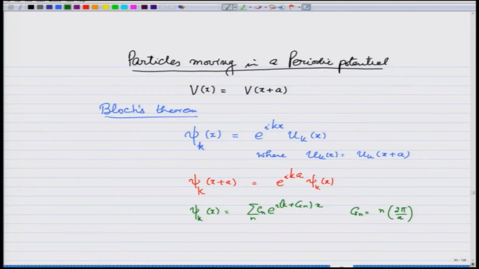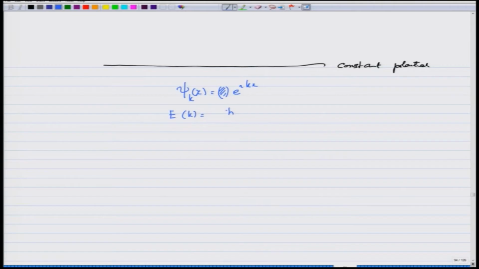I will just tell you first and then show this through examples. Suppose I have a potential which is constant. In this case, the wave function psi k x is e raised to i k x with some normalization, and the energy of the particles E k is given as h cross square k square over 2 m.